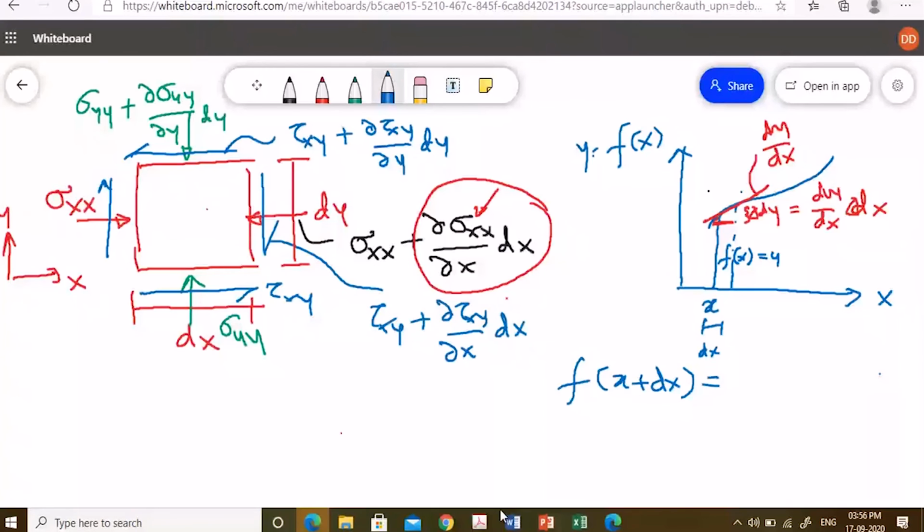Now, since I have given a finite dimension, any material will have its gravity, at least it has a density. So if it has a density, it will have a body weight. So that body weight may be acting downward. So I write it By, the body weight component.